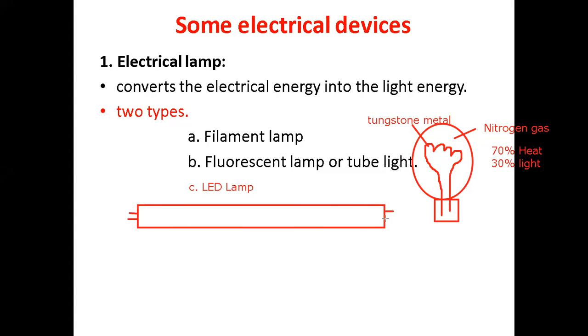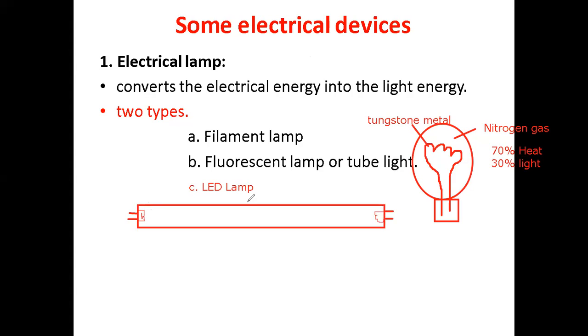Internally, both have a coil. In a fluorescent lamp, both ends have a coil, and that coil is very fine.